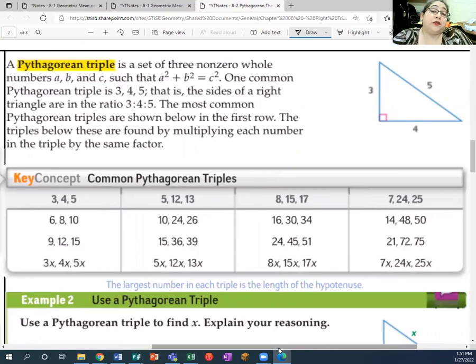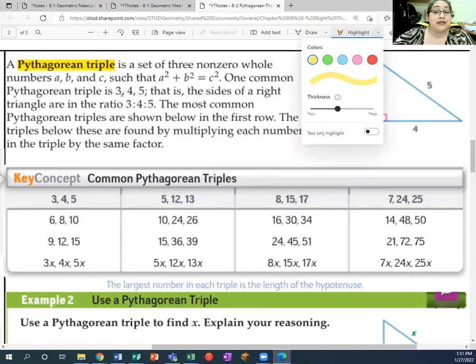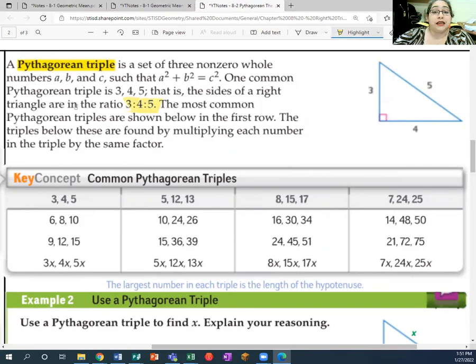The Pythagorean triple is just a set or a group of 3 non-zero whole numbers that make the Pythagorean theorem true, that fill in the a squared plus b squared equals c squared equation. You write it as an extended ratio, that same extended ratio that we had studied back in chapter 7.